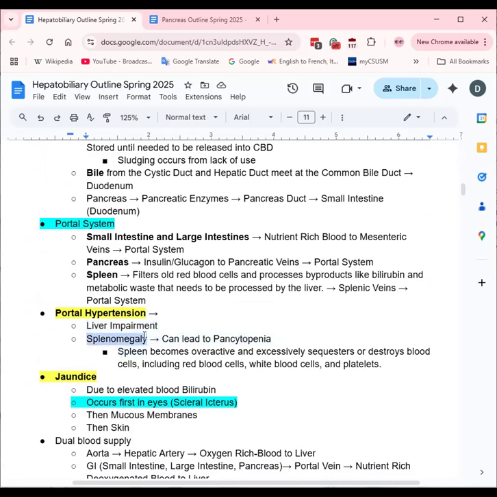If you recall from the leukemia, I mentioned to start thinking of splenomegaly as having the potential for pancytopenia, even outside of the realm of leukemia, where we already expect pancytopenia. Splenomegaly in general can lead to pancytopenia by itself. And this is another way that splenomegaly can happen.